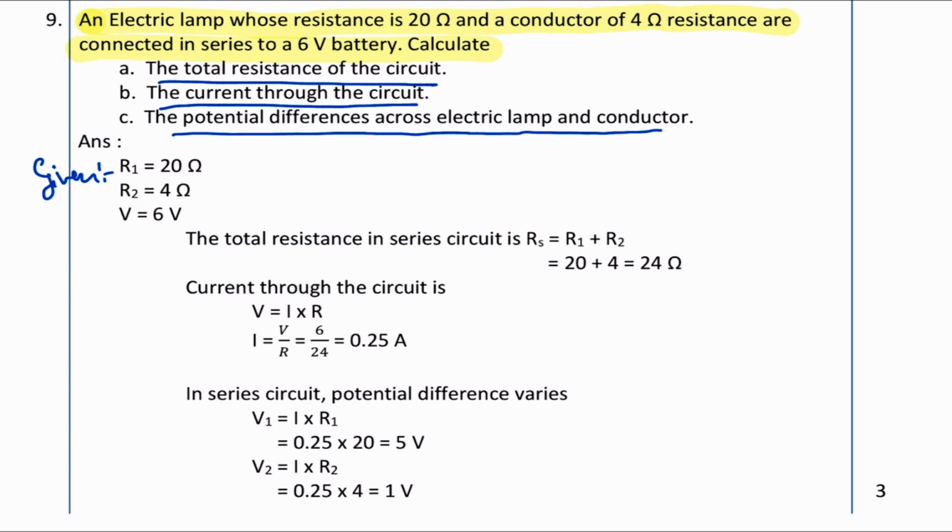The total resistance of the circuit in series, if there is series, we need to add the resistances. R1 plus R2 is equal to 20 plus 4, and the answer is 24 ohm.